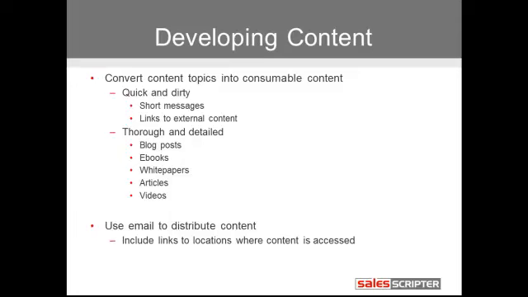But once you create this content, you want to use email to distribute it. The key thing here is that you don't really want all your content in the email. You ideally want a snippet. If you have a long piece of content, you would want to put a snippet of it, maybe a paragraph or a couple sentences, and then a link for the user to get more information, kind of like a teaser.